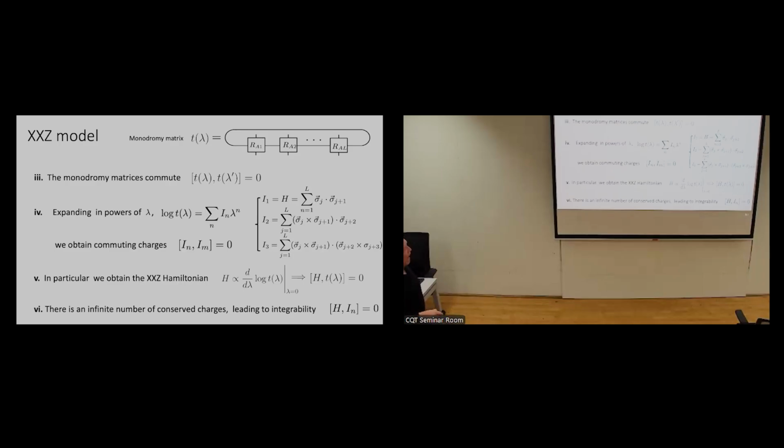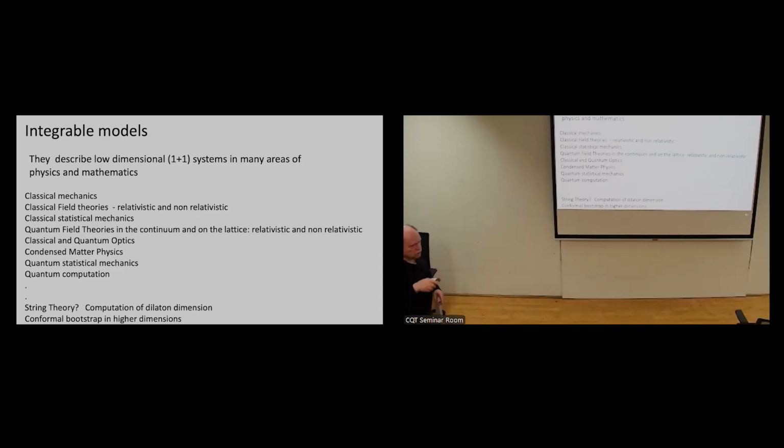I2, which is a higher conservation law, I3, which is still higher. We have an infinite number of conservation laws. And in particular, the Hamiltonian, namely I1, is obtained by taking the logarithmic derivative of this transfer matrix. And we have an infinite number of conservation laws, and they were in the background and allowed the solution that Bethe obtained. So this closes the circle.